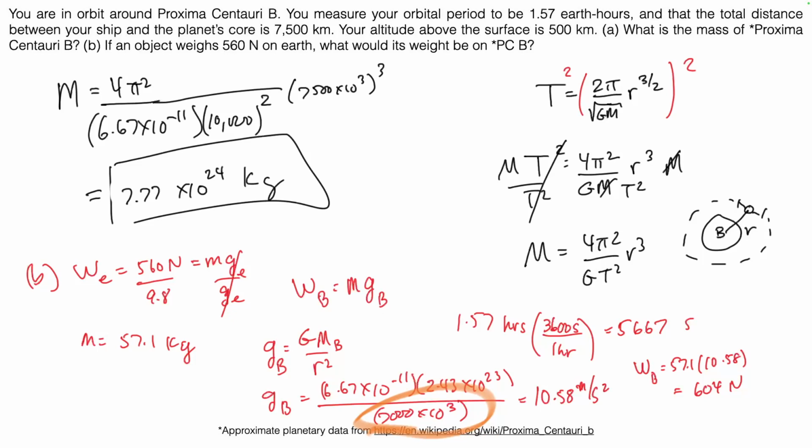Right? So how do you convert kilometers into meters? Multiply by 1,000. The kilo prefix literally means times 10 to the 3, right? So you can get straight into meters by doing that. I did exactly the same thing up here, right? 7,500 kilometers. Got to get that into meters. If it's not in meters, then your units aren't going to work out correctly. Good question.